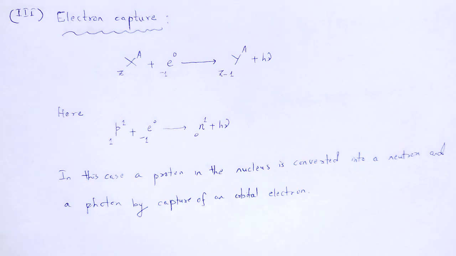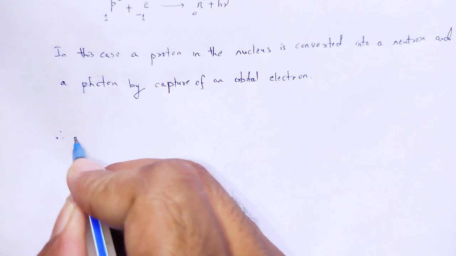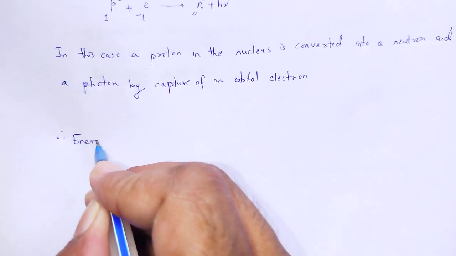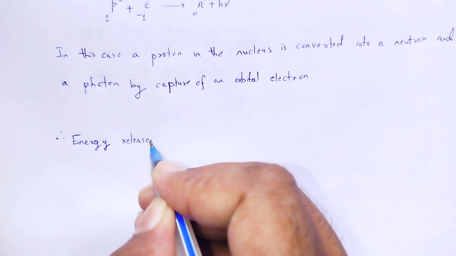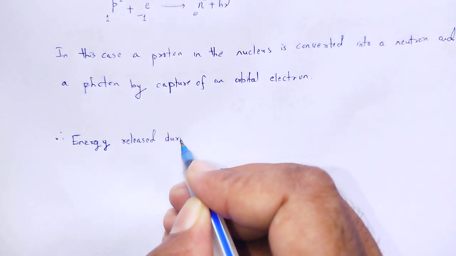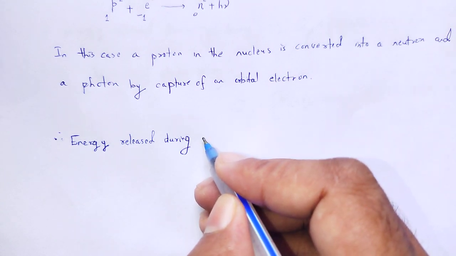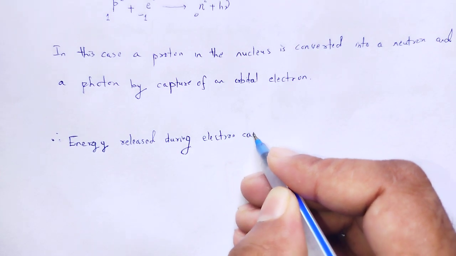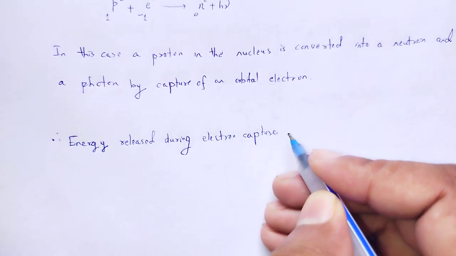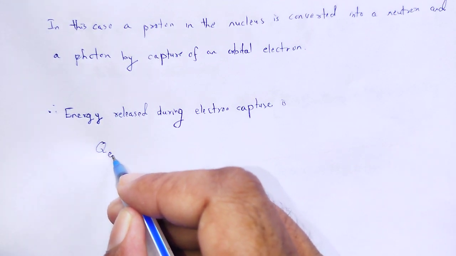Next, calculating the energy released during that process. Therefore, the energy released during electron capture is QE.